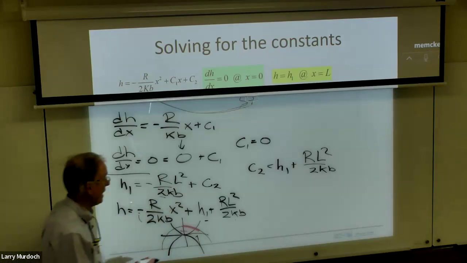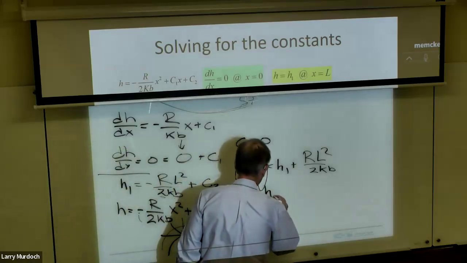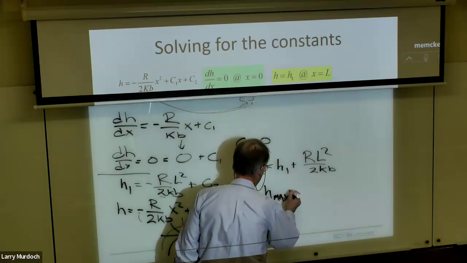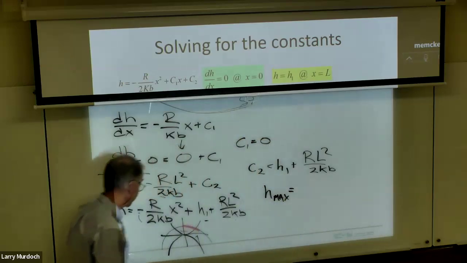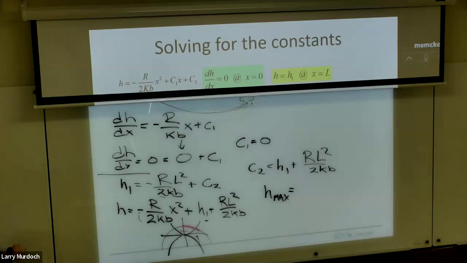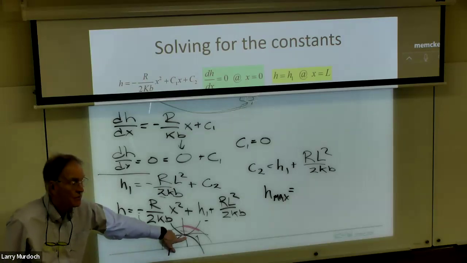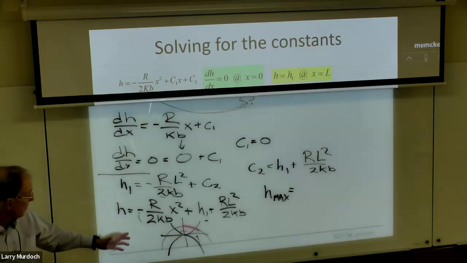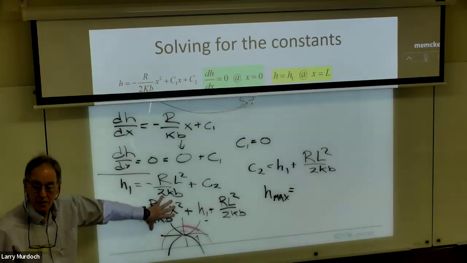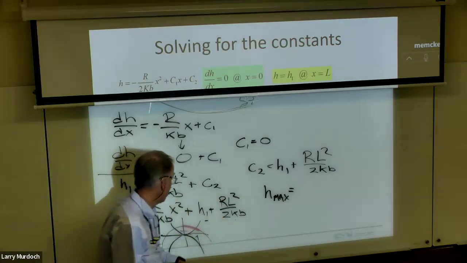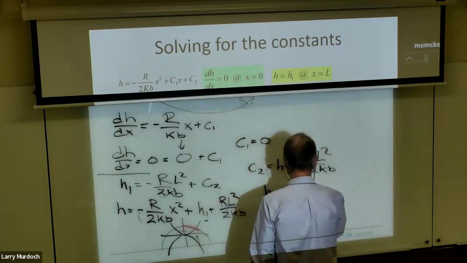So we could say, what's the maximum hydraulic head in this situation? Well, h max occurs where x equals 0, right? So at x equals 0, that's 0. And we just have this.